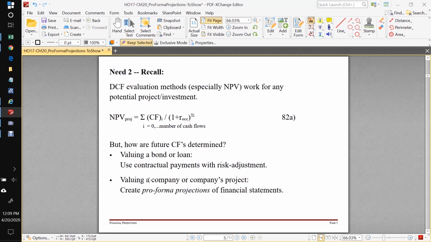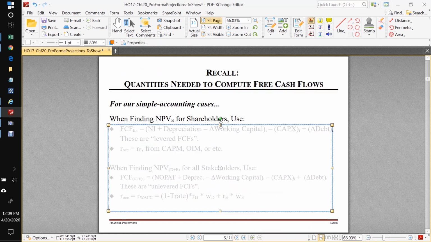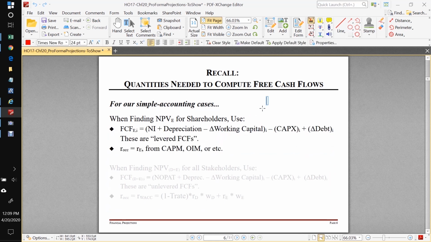And if we're valuing a company or a company's project, it's much more difficult. If we create pro forma projections of our financial statements, we can project what our free cash flows are going to be in the future. And remember, we looked at this when we first looked at valuing entities.